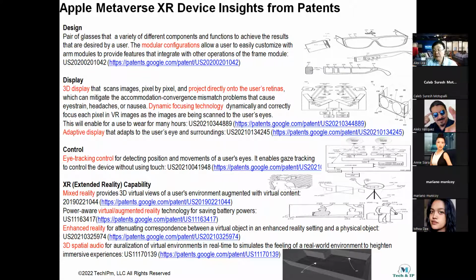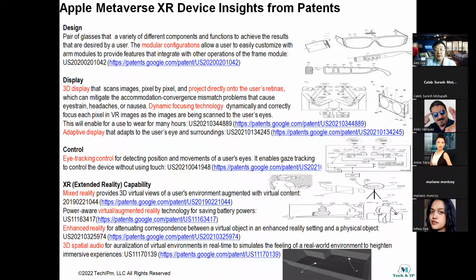Some features may not actually be included in the actual product or service, but you can see how specific entities are looking at it internally, what their R&D engineers are looking at, and what could be included as an option or as the main feature.